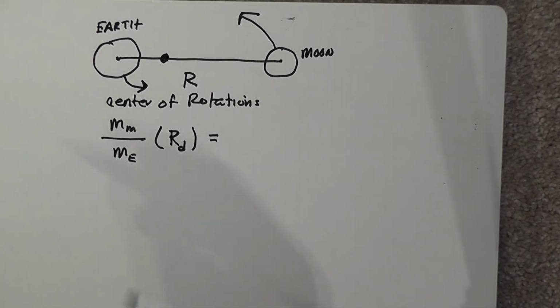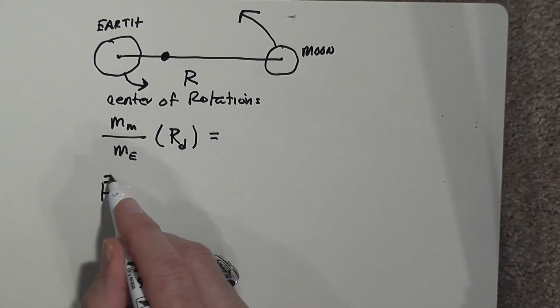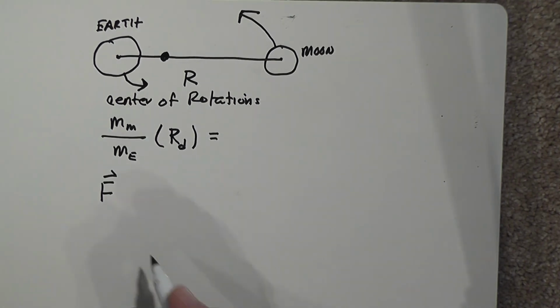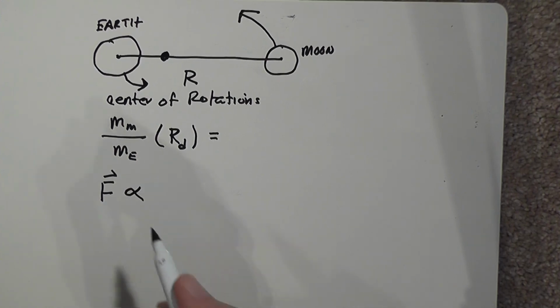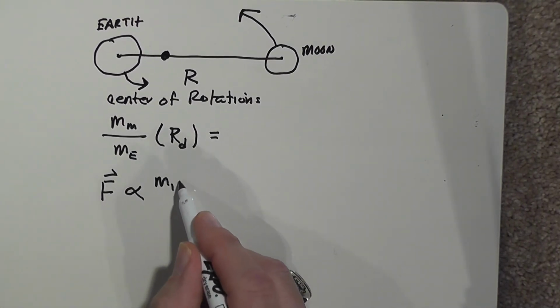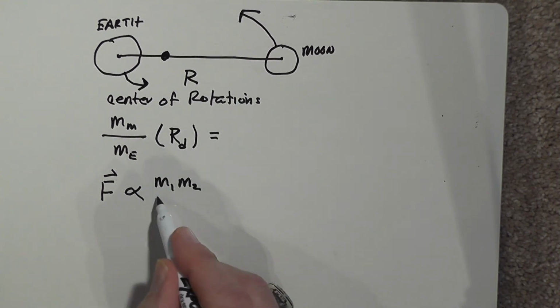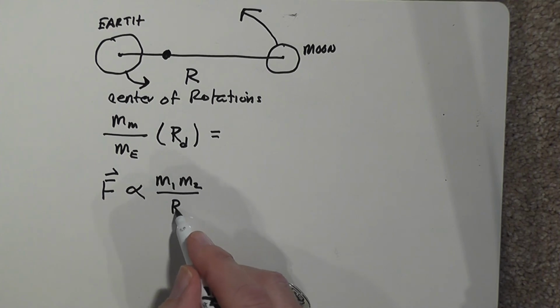Now, what Newton saw through experimentation was that the force between two bodies was equal to some proportion of the product of both their masses divided by the distance squared.